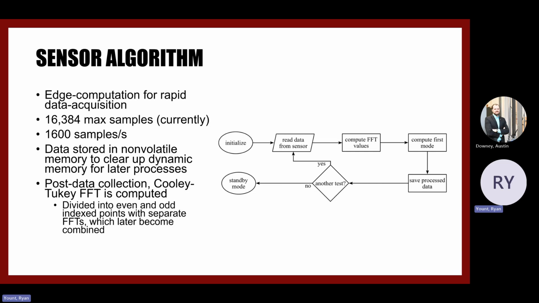After the FFT is calculated, then the first modal frequency of the system is calculated after that, and that's with a basic threshold-based peak finding algorithm, which works on relatively simple systems. After all that's done, then the process is finished and the data is saved, including data on what the first modal frequency is.